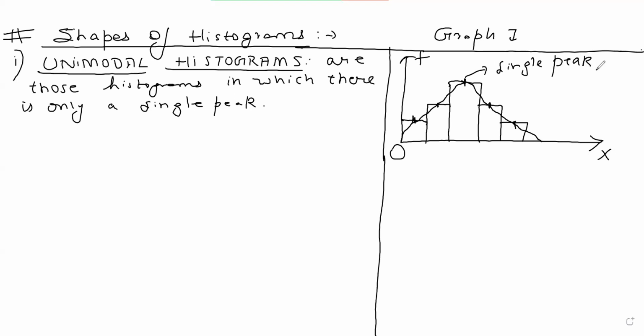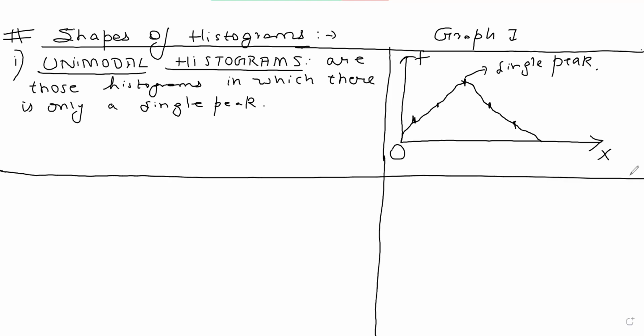So I can now remove the rectangles. The rectangles were just drawn to make you clear with the concept. Without the rectangles, you can clearly see it's literally a curve with only one single peak. This is called a unimodal histogram.